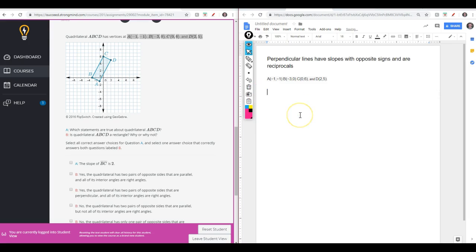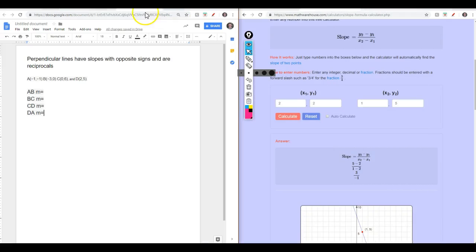And then we have side lengths. I'm just going to start right here: side lengths AB, BC, CD, and DA. Then we're going to want to know what the slope is for each one. So with that in mind, here we go.